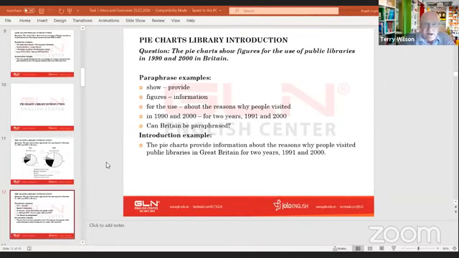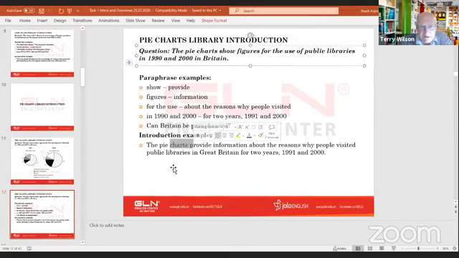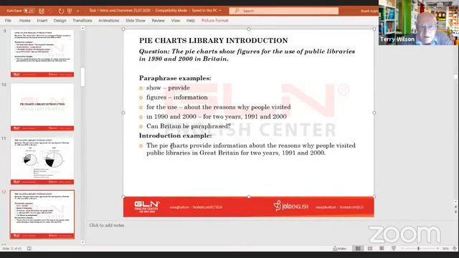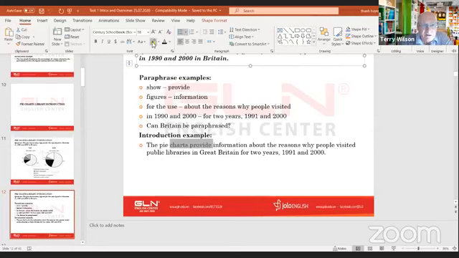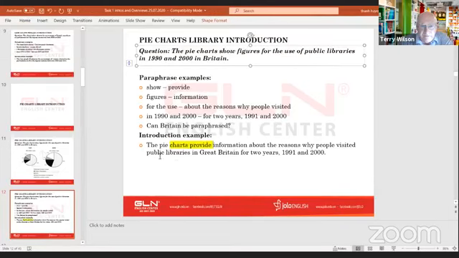One last thing, a mistake often made by students is here. If I highlight it. If we write the pie charts, then the next word, in this case, it's provide, but it could be show or illustrate.